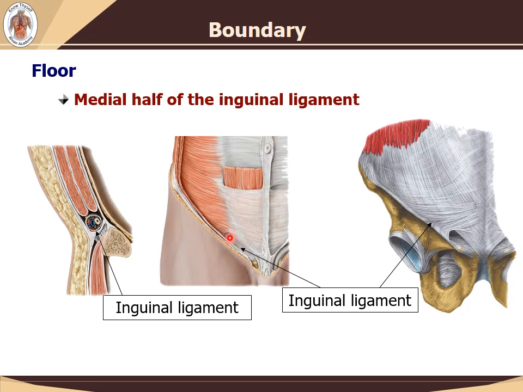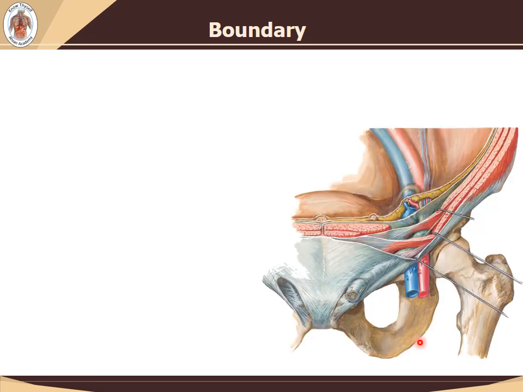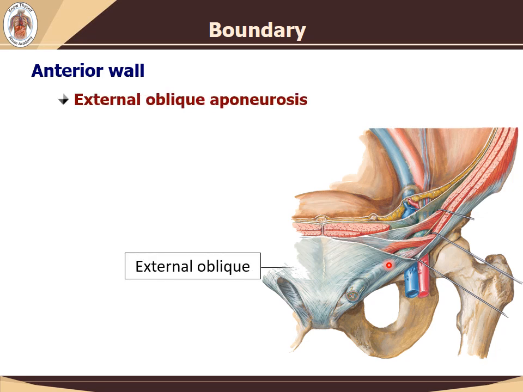You can see after removal of the anterior wall, you can easily understand this is the opening. The rest of the anterior wall is the external oblique aponeurosis. The ring is at the middle, and the internal oblique muscle extends 2/3, so it overlaps.